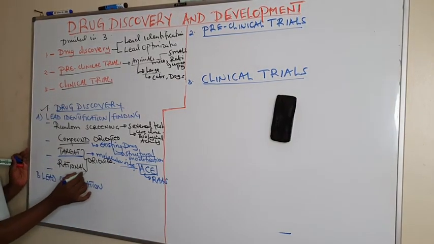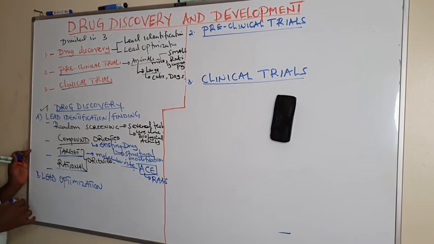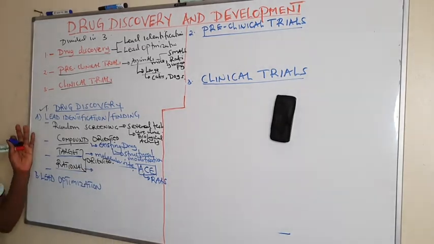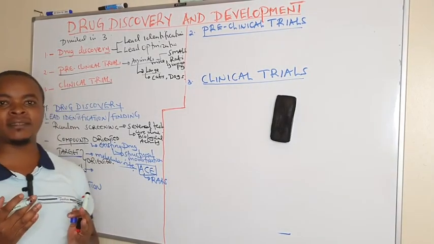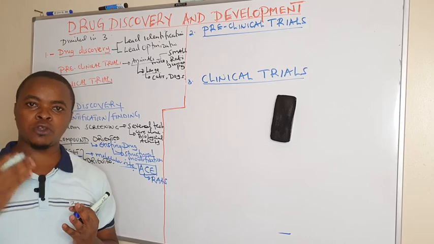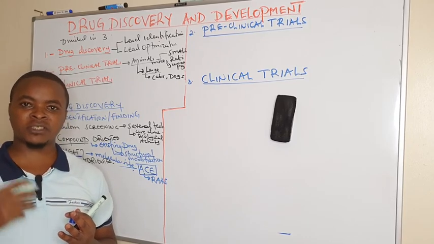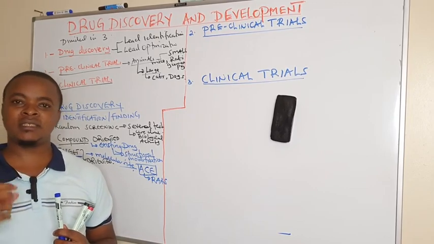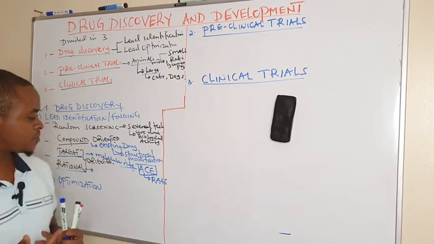Then lastly is rational oriented, and under rational oriented, we know the functioning of a particular system. Maybe we know there is what we call the proton pump, which enables release of hydrochloric acid in the GIT or in the stomach.